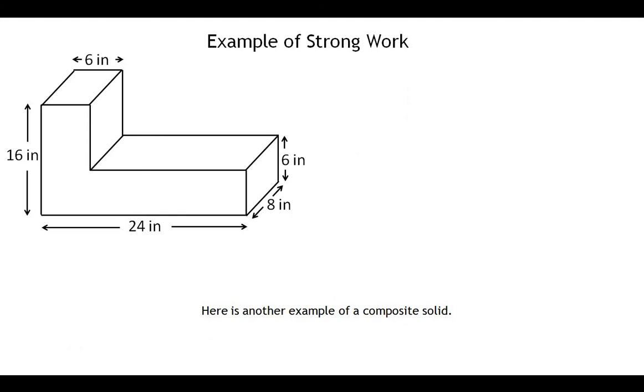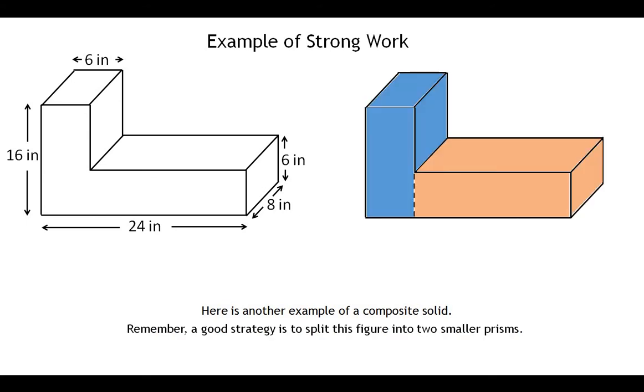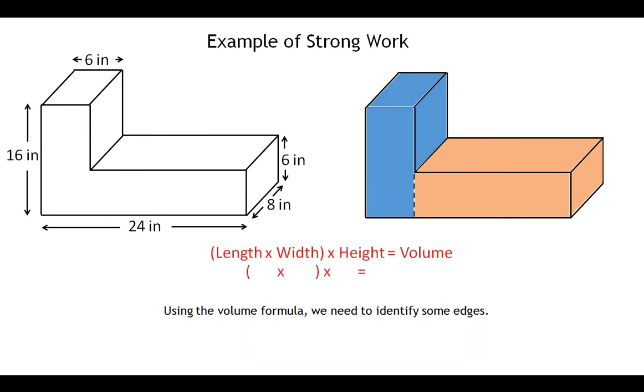Here is another example of a composite solid. Remember, a good strategy is to split this figure into 2 smaller prisms. It does not matter which prism you start with. We will start with the blue prism. Using the volume formula, we need to identify some edges.